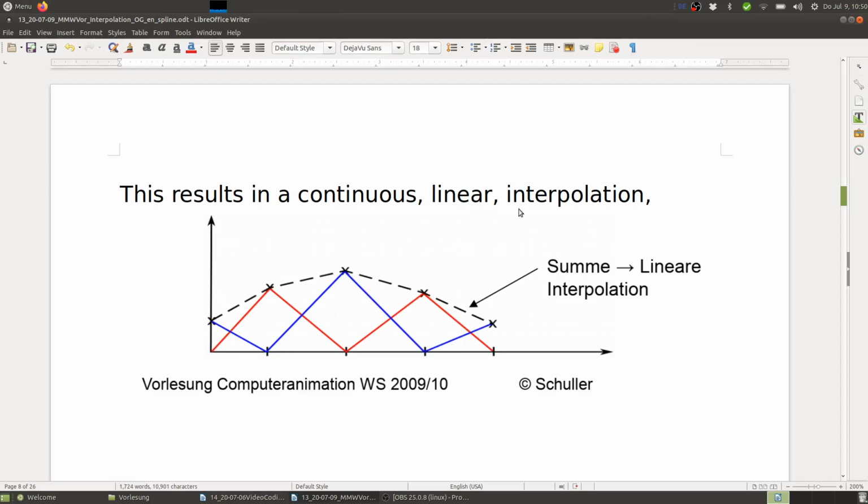Right? So now we replace every sample by this triangular function, and the result is that we connect all those control points by straight lines, right? Because triangles have straight lines. The edges are straight. So this leads us to linear interpolation.